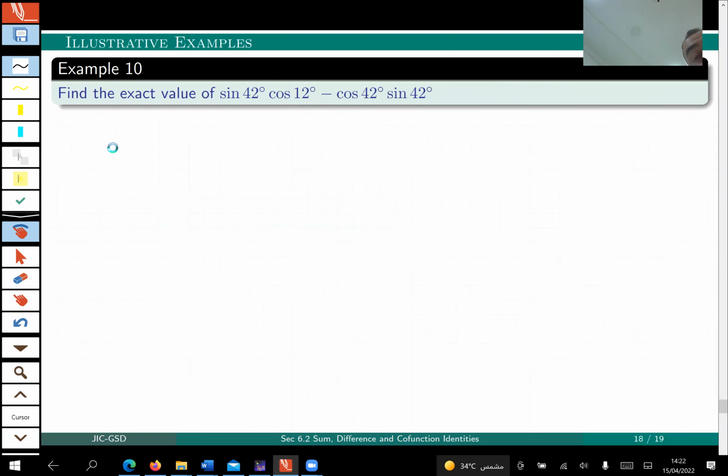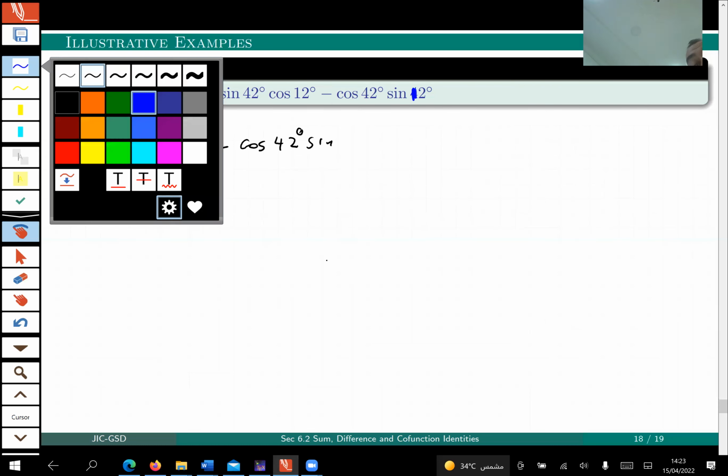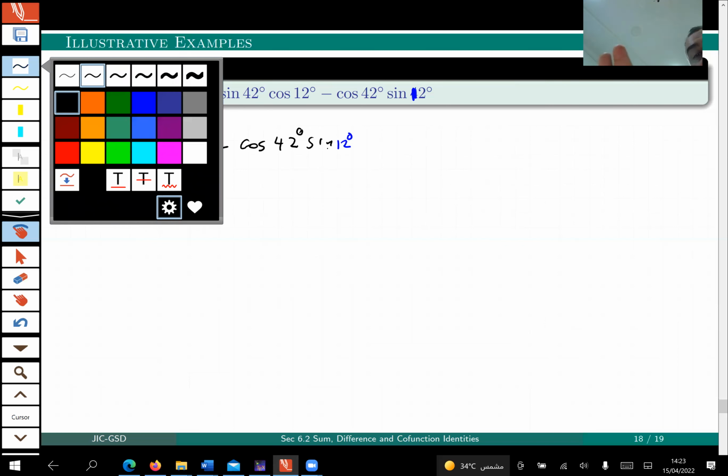Now, I have here sine 42 degrees cosine 12 degrees minus cosine 42 degrees sine 12 degrees. There is a mistake here; it should be sine 42 cosine 12 minus cosine 42 sine 12.